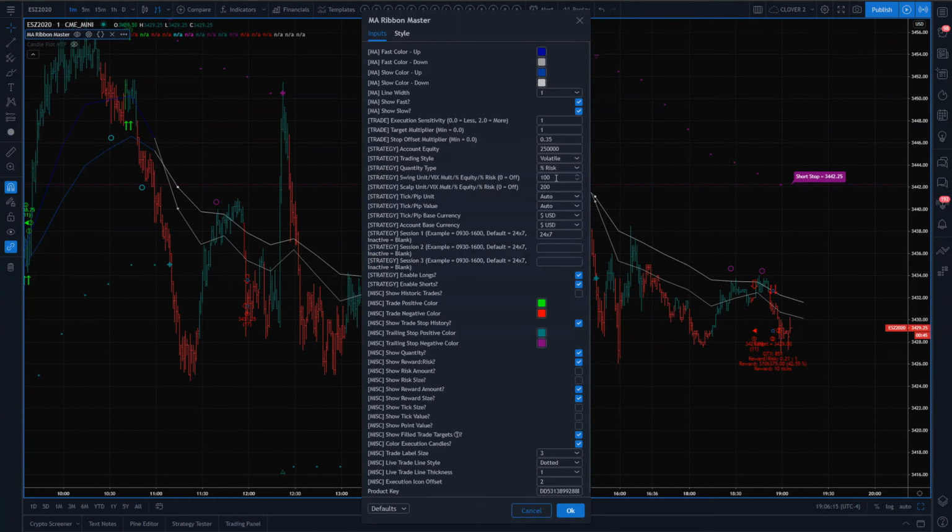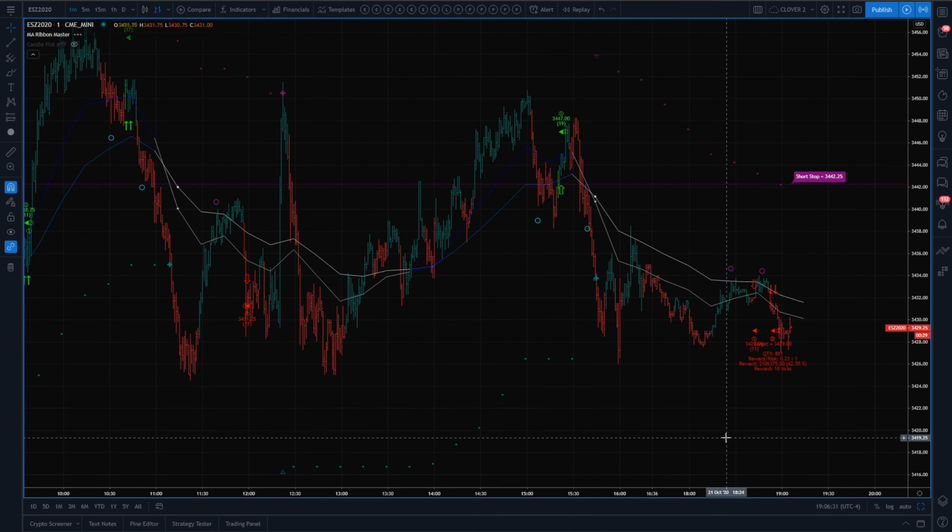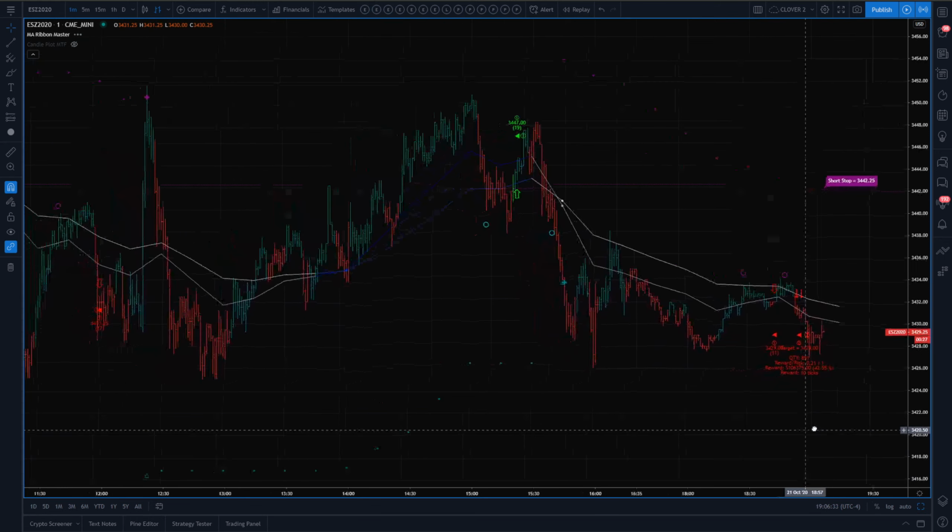And I still have it at 100 and 200. So in this case, let's just say 0.5 again. I'm willing to risk 0.5% of my account for the swing trade, and 1% of my account for the scalp trade. So let's see what that produces.